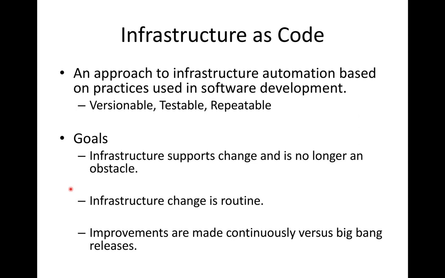Infrastructure changes become routine because changing our infrastructure is as straightforward as changing our code, and we have all sorts of mature processes around how to manage code changes. We can take those processes and use them the same way when managing and maintaining infrastructure.